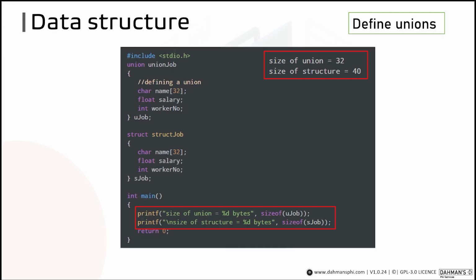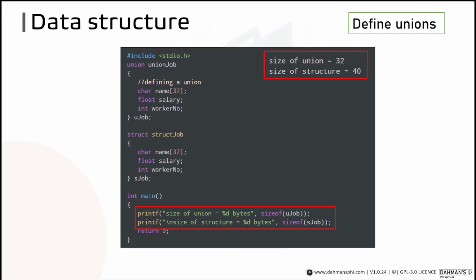However, it did not actually create any size in the memory for the salary or the worker number, because we just informed the compiler that we have two different variables. We are not initializing any values for them, so it will be ignoring the size of that union. It will just be assigned the size that is implicitly declared, that is of size 32.